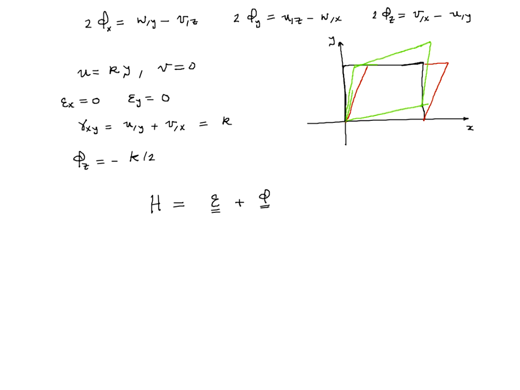Okay, now we can go back to our Green strain in order to discuss what we call moderate rotations. The thing about strain is that for most structures, strains at yield are on the order of 1%.